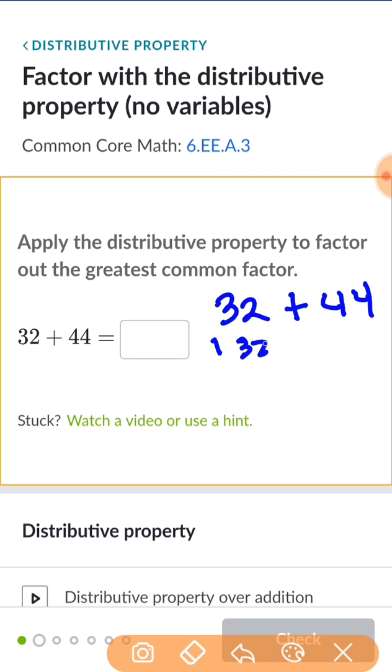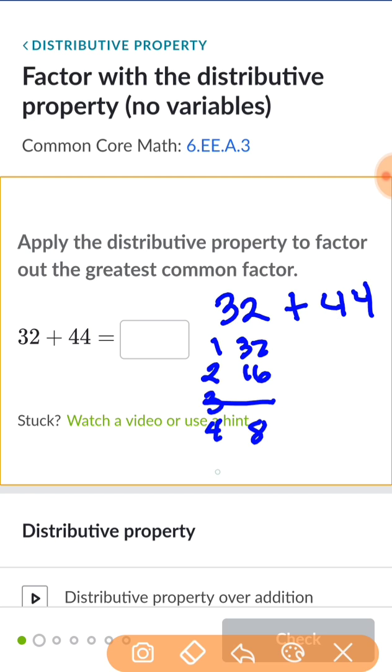But what I'll do now is test to see if 32 is also a factor of 44, and it's not. So I keep going. 2 and 16. Is 16 a factor of 44? No, it's not. Keep going. 3 times nothing. Cross that out. 4 times 8. Is 8 a factor of 44?